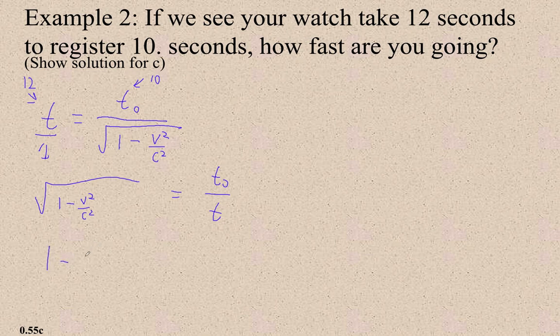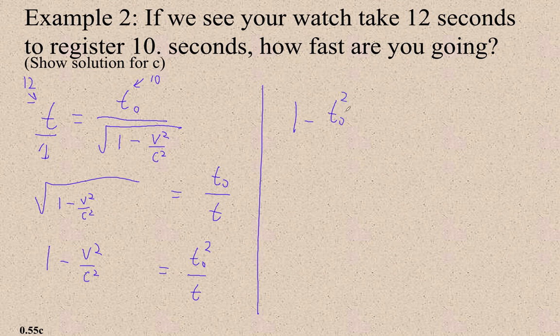So 1 minus v squared over c squared is equal to t naught squared over t squared. Then I want this on its own side, so I'm going to go 1 minus t naught squared over t squared, which equals v squared over c squared.